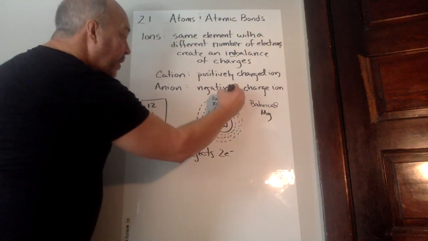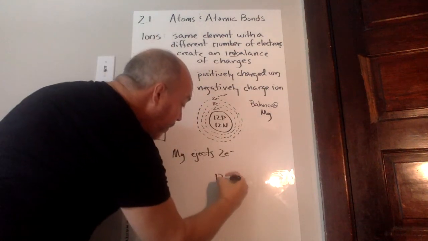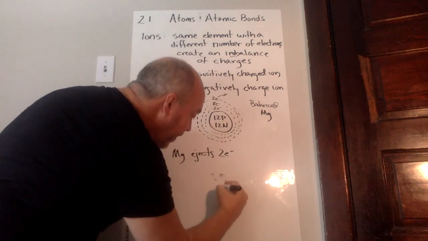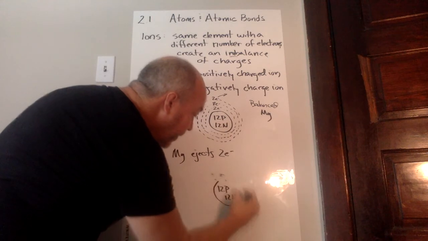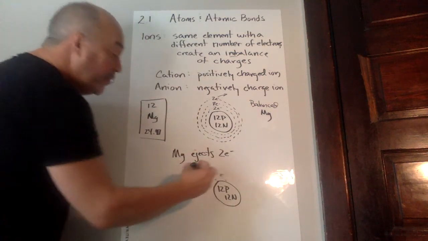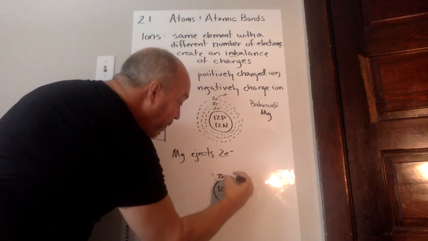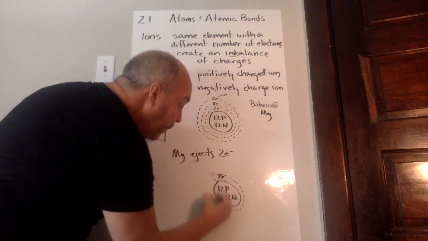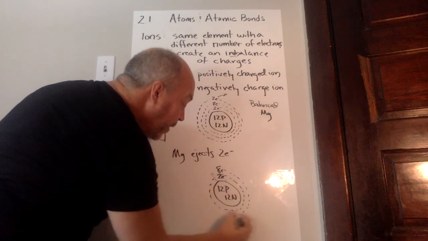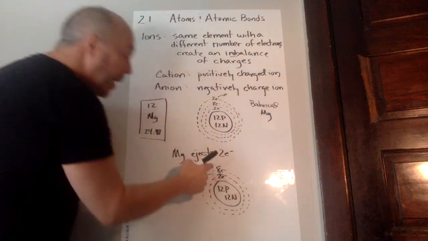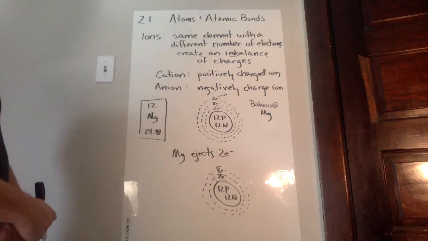So these 2 are going to go away, and it's going to leave us now with our new atom, still having the same number of protons and neutrons, but now it will only have 2 shells. Those other 2 on the outside went away, and now our second shell is full.